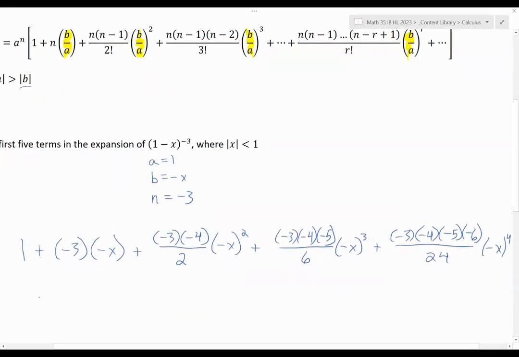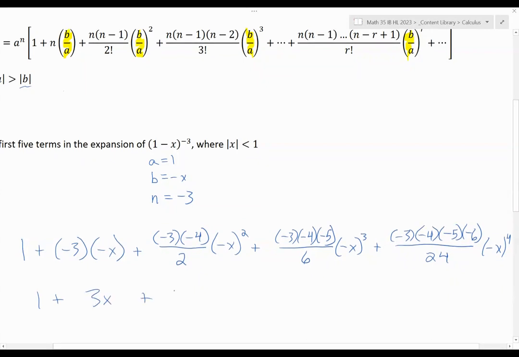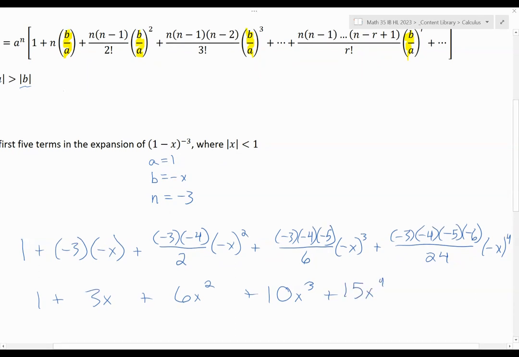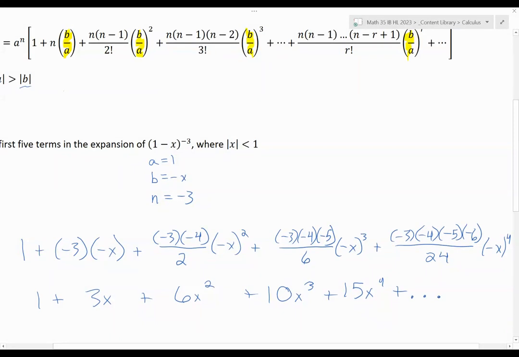Once we simplify all this, what we end up with is 1 plus 3x plus 6x squared, 10x cubed for the fourth term, and 15x to the power of 4 for the fifth term. What's important to note here is that this is an infinite polynomial.